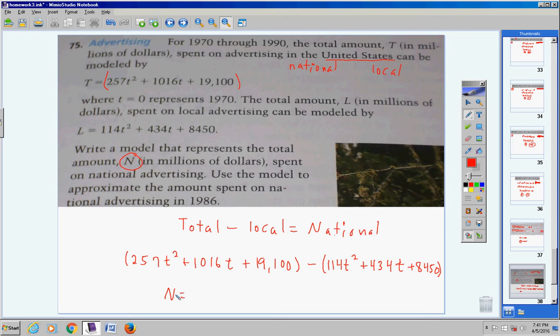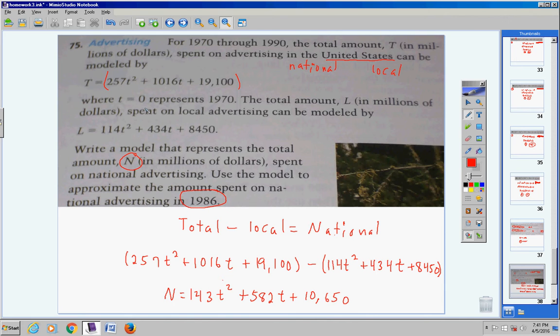If you subtract, you will get this right here: 143 t squared plus 582t plus 10,650. So there's my model.